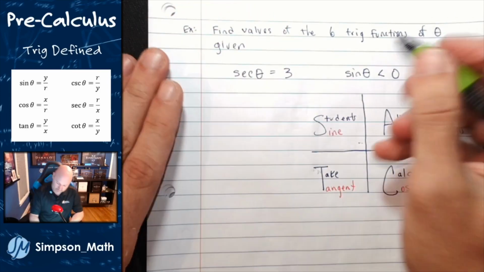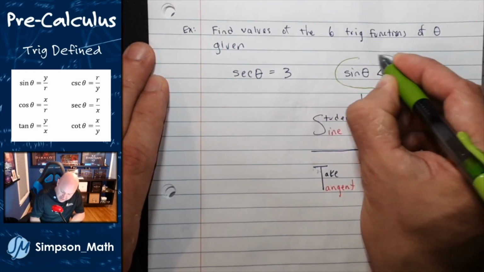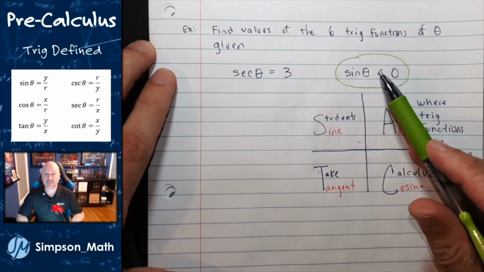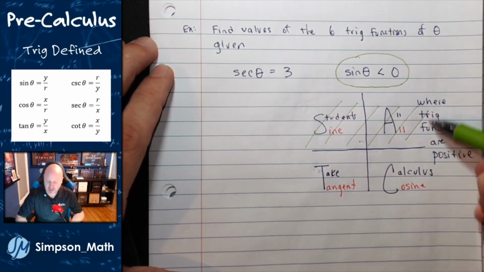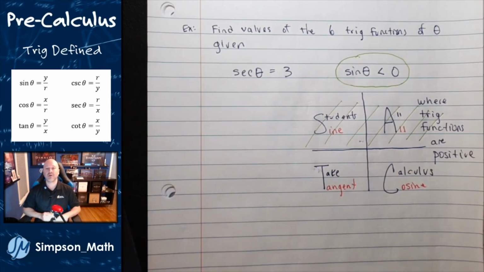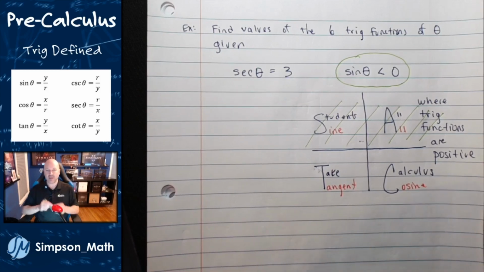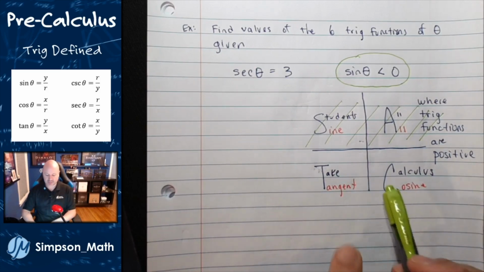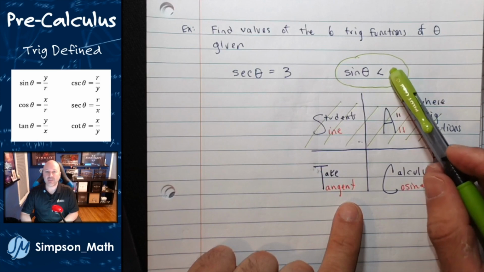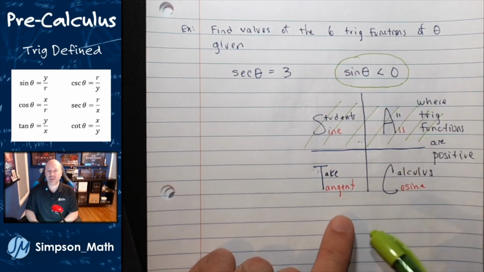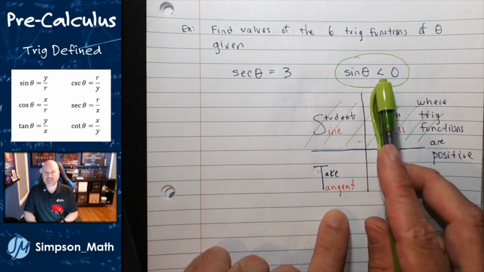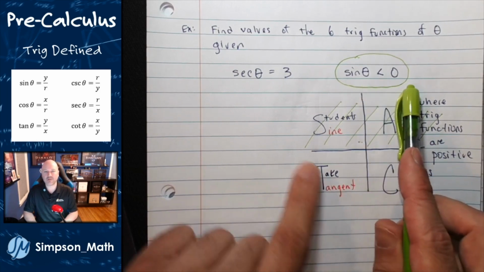I'm going to circle this in green, and I'm going to say the fact that it's negative means it's not in those two quadrants. I'd like to draw a ray from the origin out into space, and this tells me, well, don't do it in quadrant 1 and don't do it in quadrant 2. But it doesn't tell me if I'm in quadrant 3 or 4, so maybe this will.